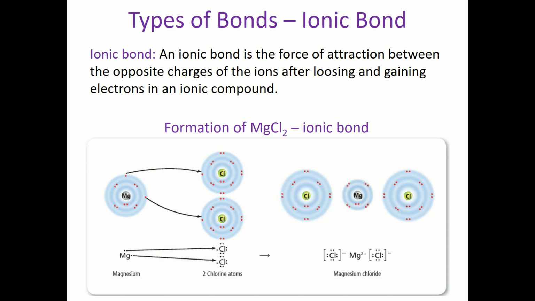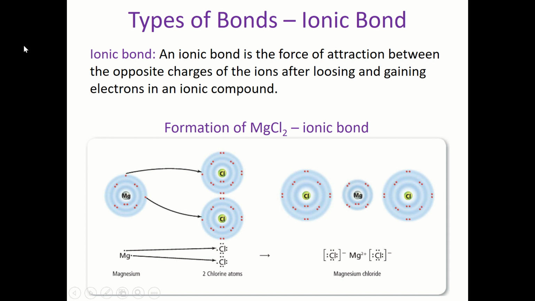So the magnesium will go to the chlorine and say, hello chlorine, I hear that you need some electrons. I have 2 extra electrons, can I give them to you? The chlorine will say, no thank you, I cannot take 2 electrons, I can take only 1, because I belong to group number 17 and I have 7 electrons at the outermost orbit.